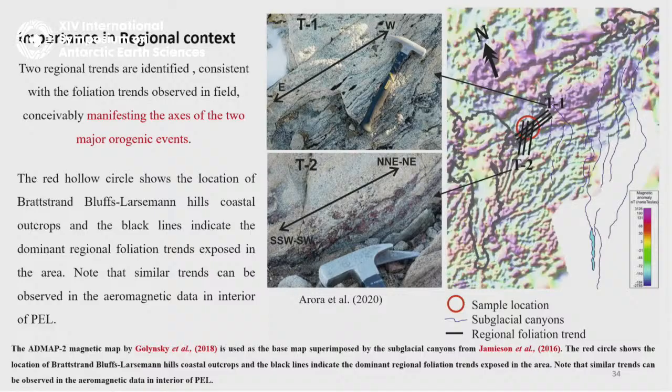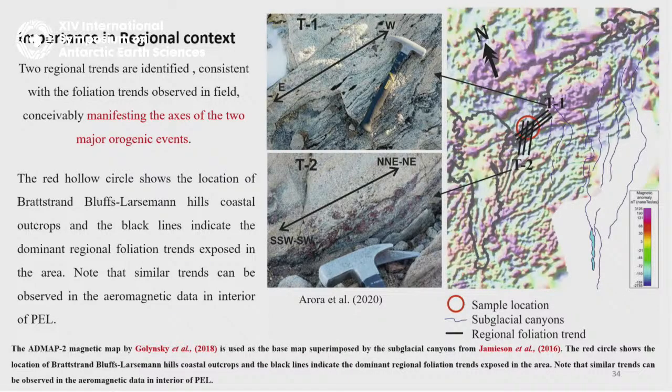And when you actually look at this, in the Bradsand area, in a magnetic map, it may be a little bit speculative, but you find that the magnetic trends also match these two trends. So what it actually means in bigger terms is that there are two mountain building activities at 500 and 700 to 800 million years.